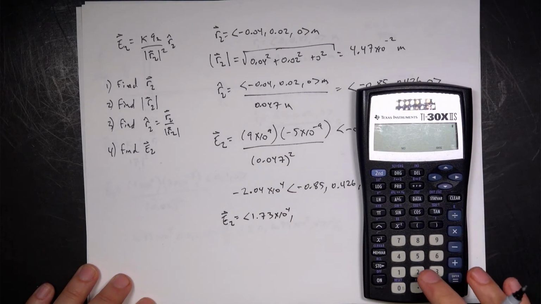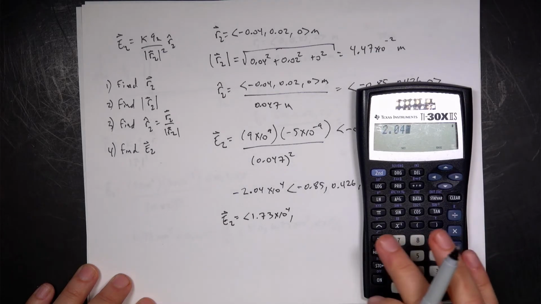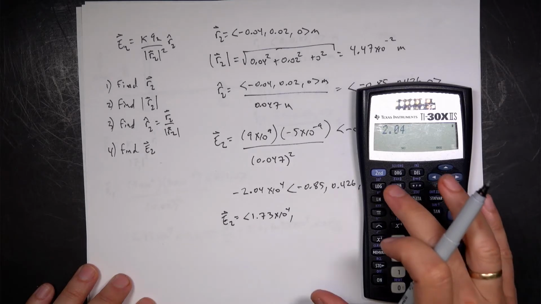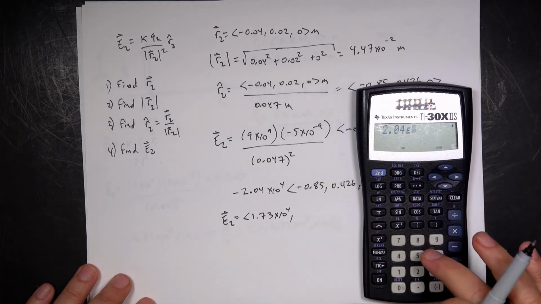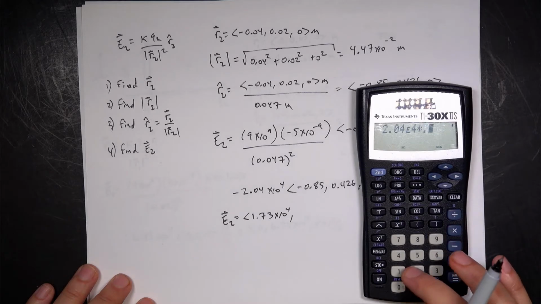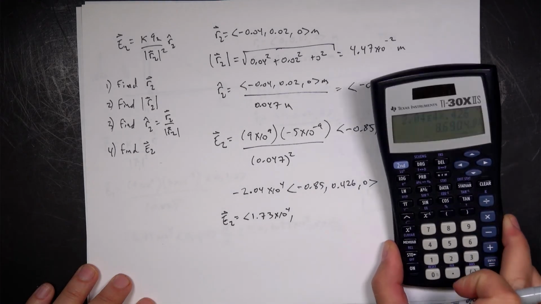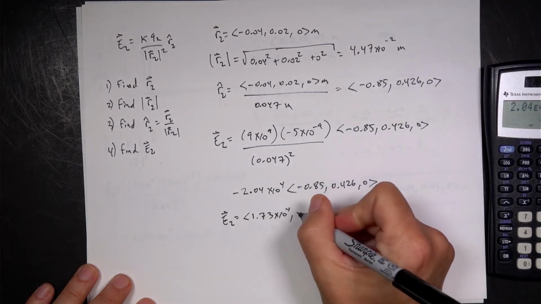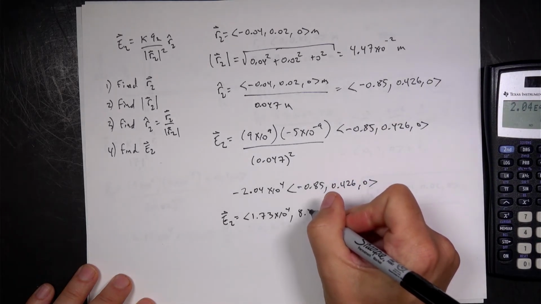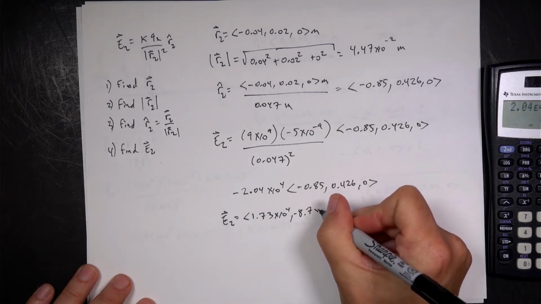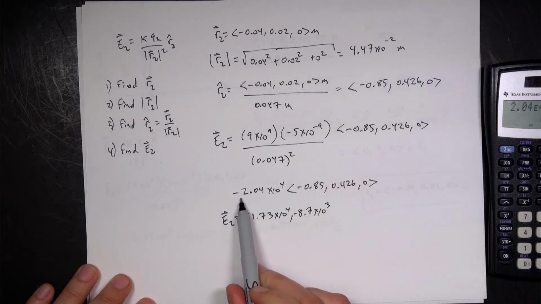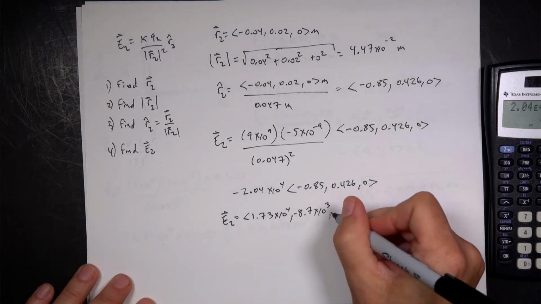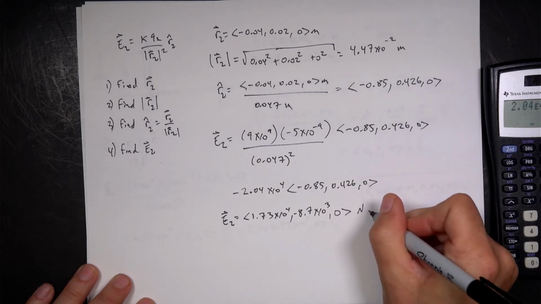So say clear 2.04, E to the 4th times 0.426 equals, and I get 8.7 times 10 to the 3rd. Negative 8.7 times 10 to the 3rd. It's negative because that had a negative number. I bring it in, multiply by positive, I get a negative. And then multiply that by 0, I get 0 newtons per coulomb.